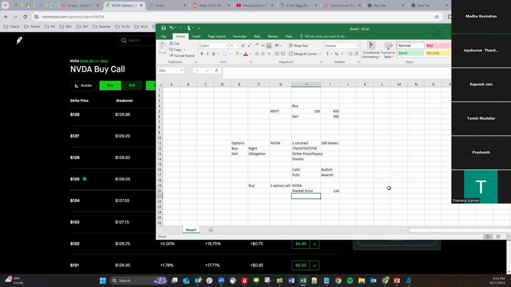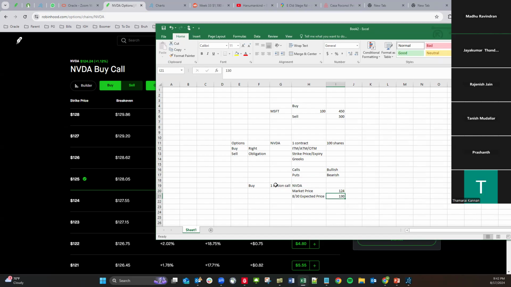If I'm playing a bullish strategy, expecting that by end of August, this will go to 130, so by August 30th I expect my NVIDIA price to shoot up to 130.